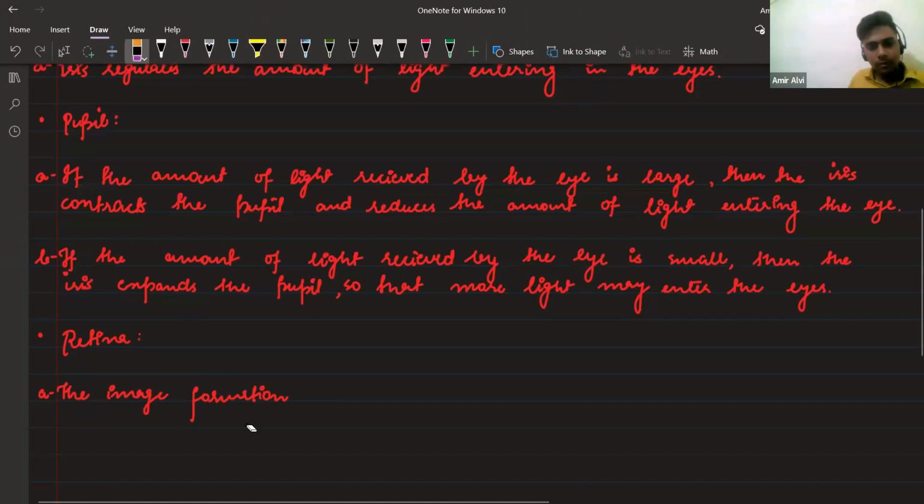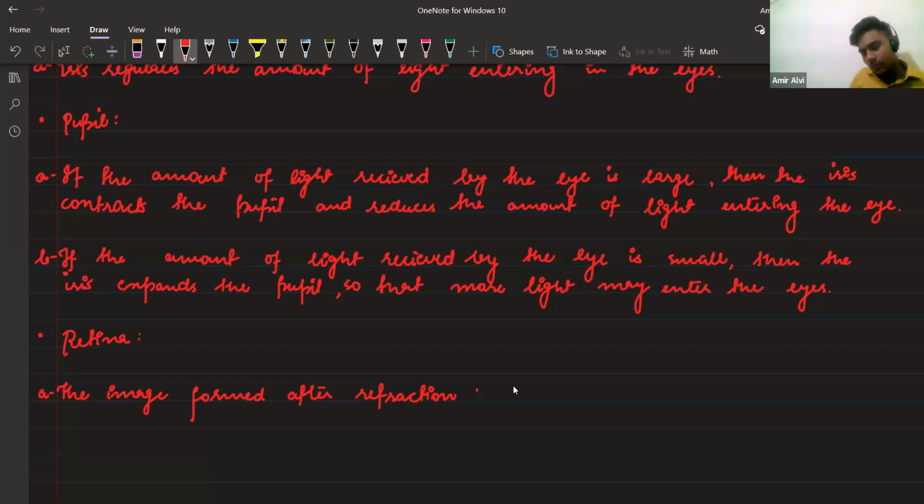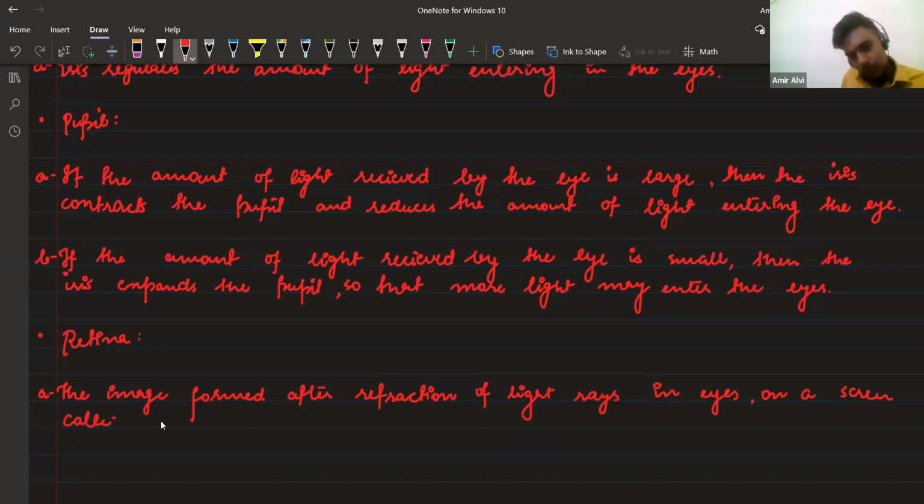The image is formed in the eyes after the refraction of light rays in the eyes, on a screen called the retina.